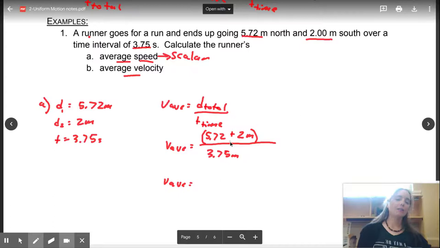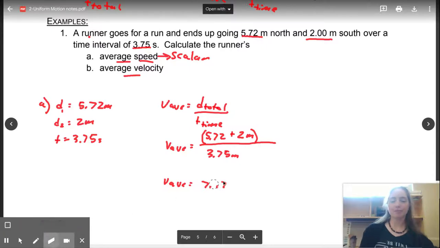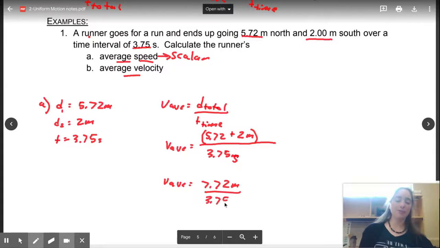So 5.72 plus 2, divided by 3.75. So what that means is you are going to have 7.72 meters, that's an s, divided by your 3.75 seconds.